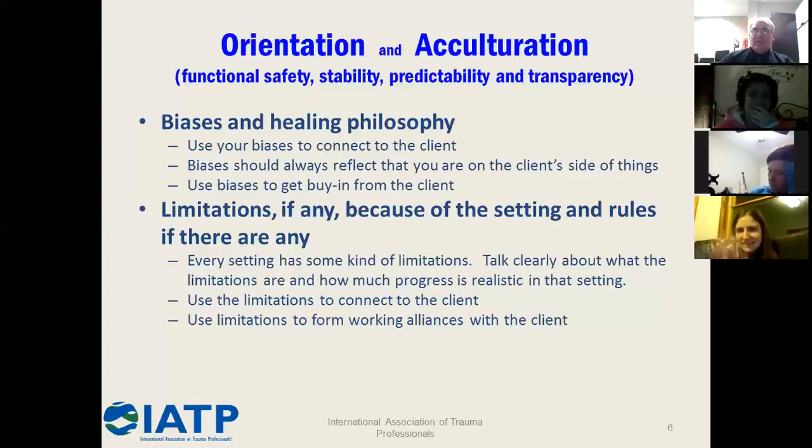No. But whenever you use a bias, you also want to talk about how you are going to address it for them. Like I was talking about taking people to task when that comes up.